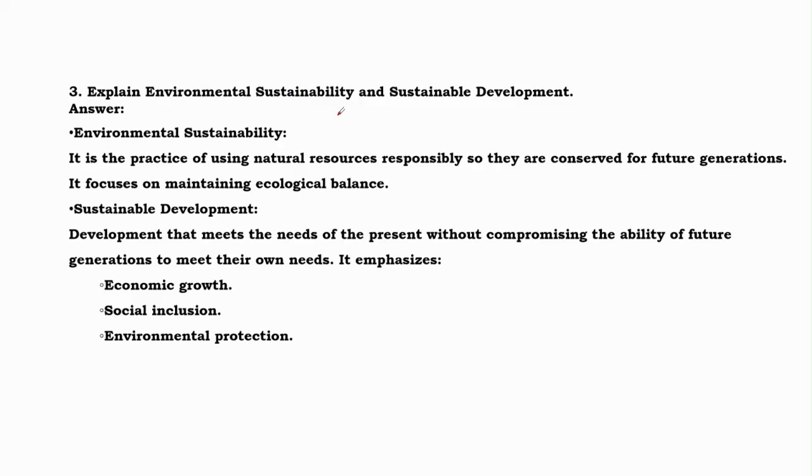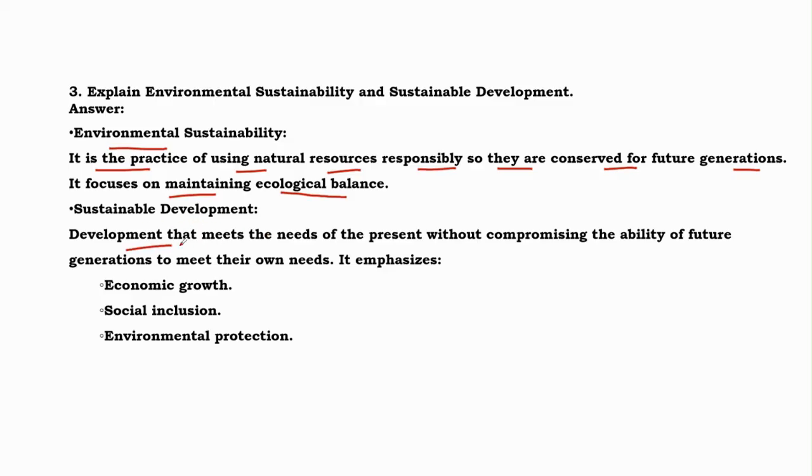Explain environmental sustainability and sustainable development. So, what is meant by environmental sustainability? It is the practice of using natural resources responsibly so that they are conserved for future generations. It focuses on maintaining ecological balance.